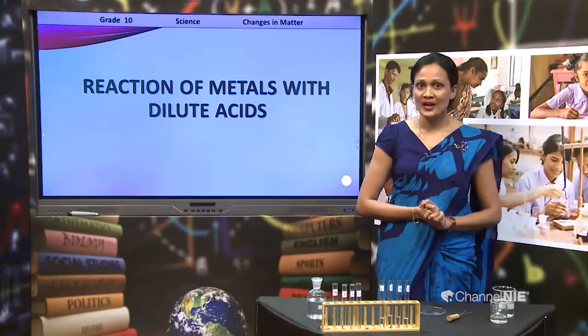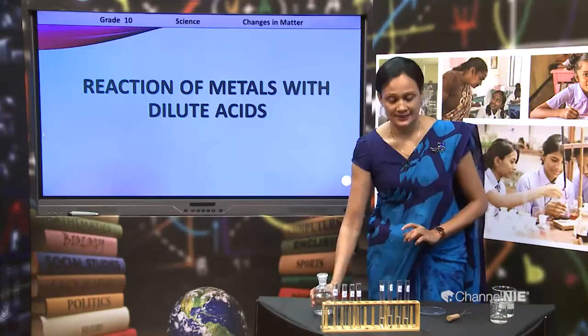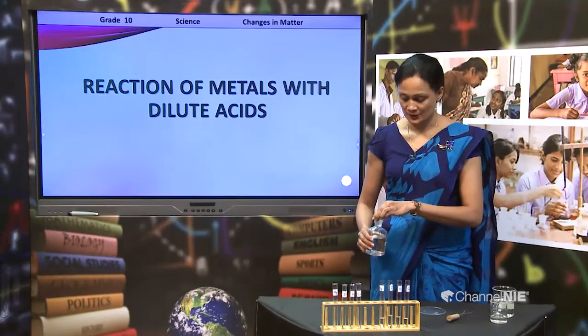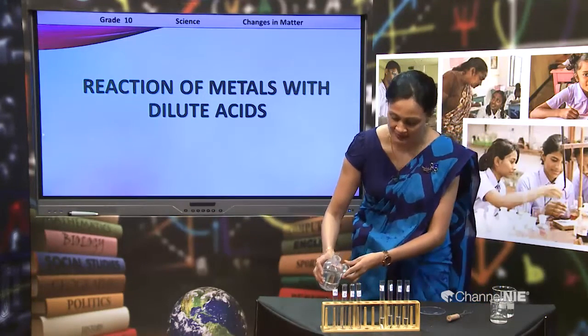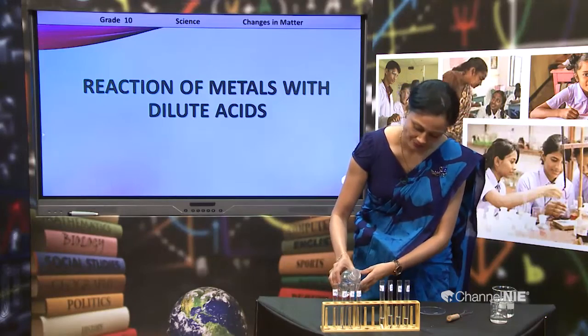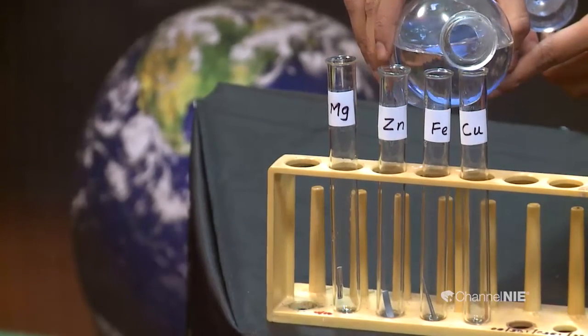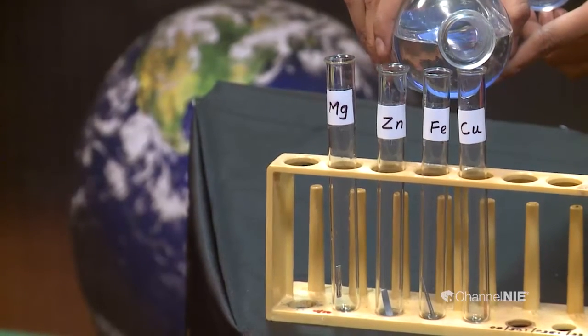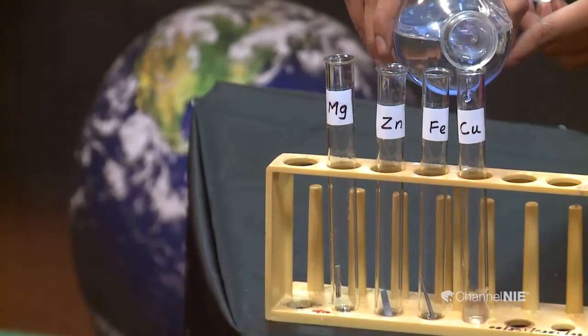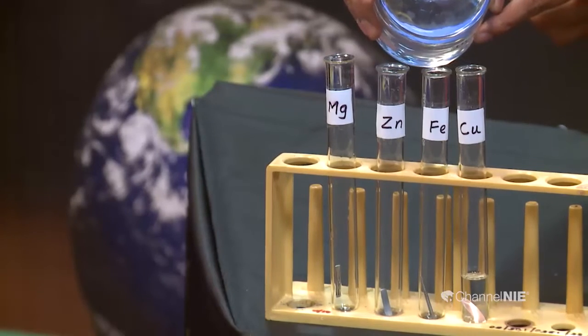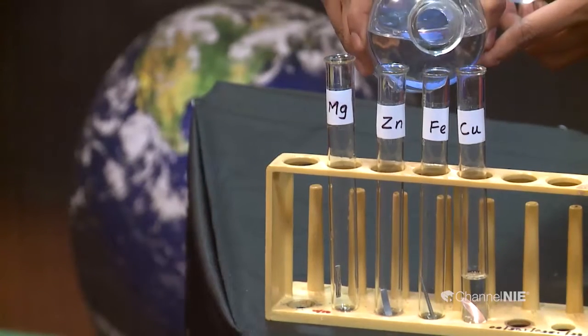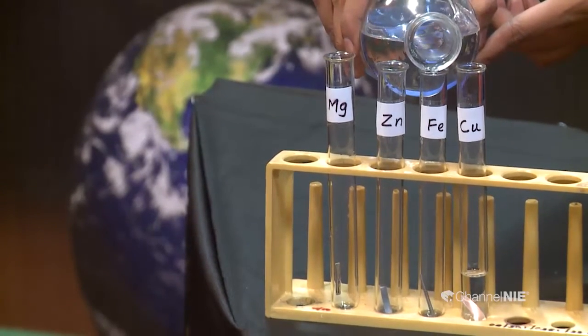Now I am going to add hydrochloric acid into those 4 test tubes containing metals. I am starting from copper. Children, you need to observe it.